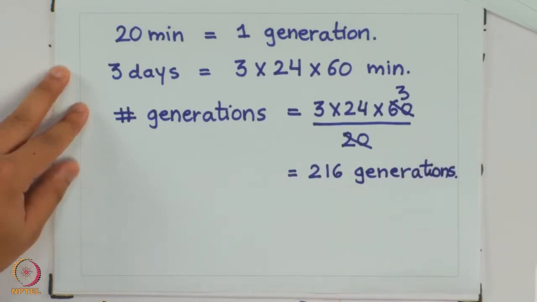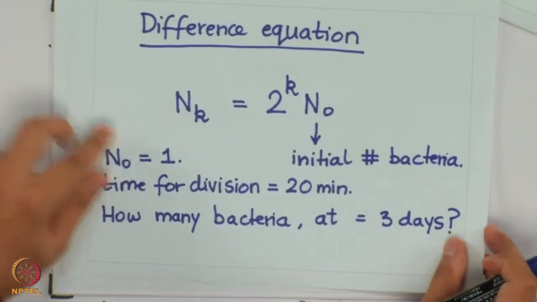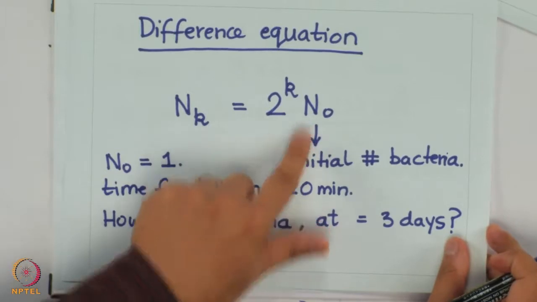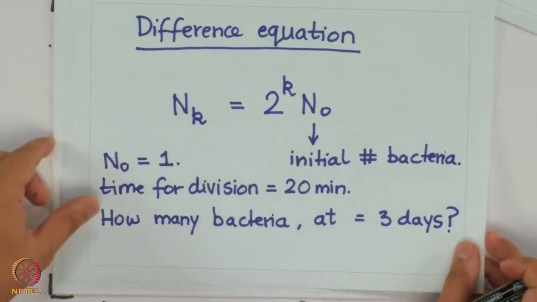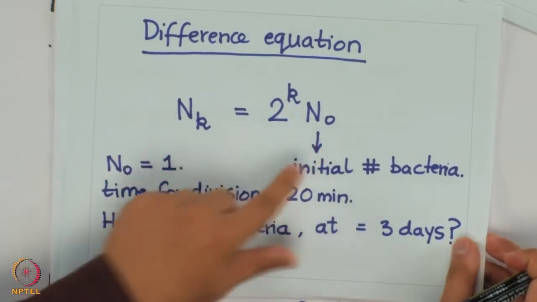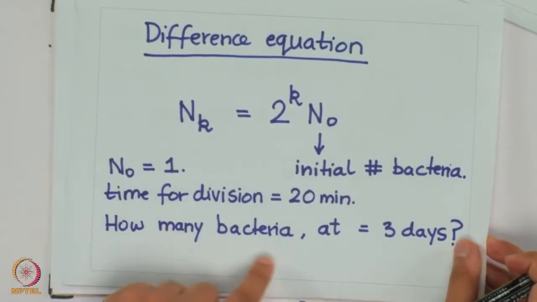Okay. So going back to our earlier result, where we say that the number of bacteria after k generations is just equal to 2 to the power k times n naught, where n naught is the initial number of bacteria. If we plug in k equal to 216 and n naught equal to 1, we get the number of bacteria which are there after 3 days. Right?